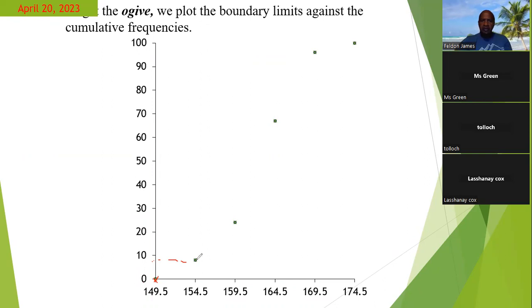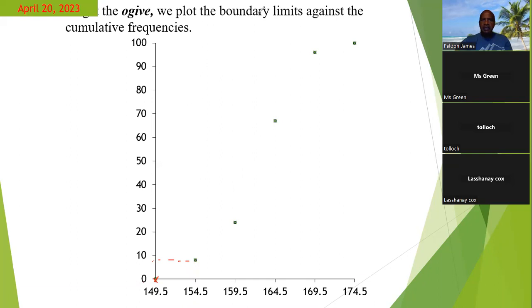That would give you this point here. This point gives you the point for the cumulative frequency 8 with 154.5. So you're plotting these values together.